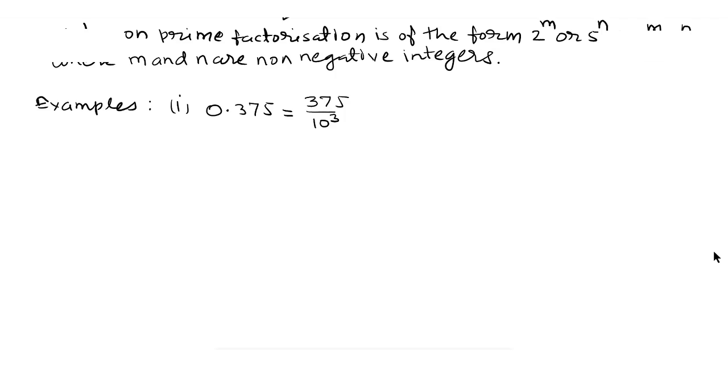We put 1 for the decimal and 3 zeros for the 3 digits. This can be written as 3 multiplied by 5 to the power 3 upon 2 to the power 3 into 5 to the power 3. This gives us 3 upon 2 to the power 3.